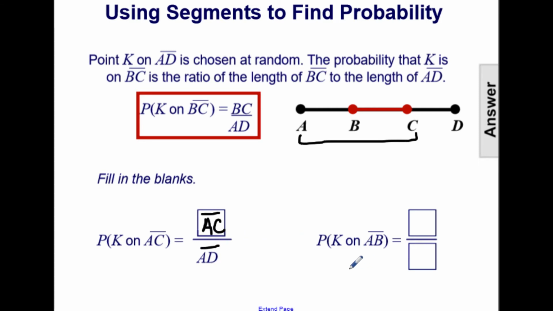Then we have the probability of K on segment AB, this segment here, the favorable outcome, over the whole segment of AD. We're still talking about that segment. So we would have AB over AD and AC over AD for K.